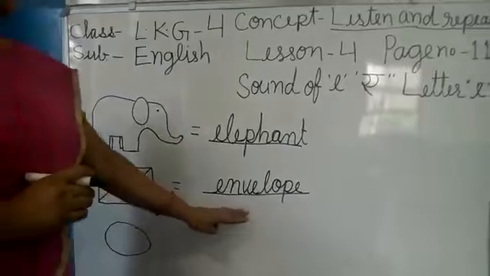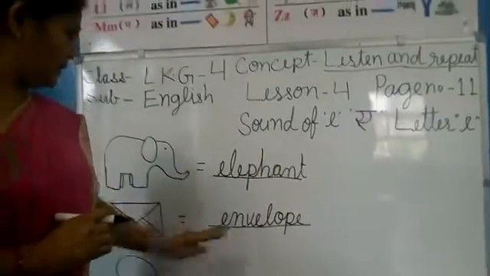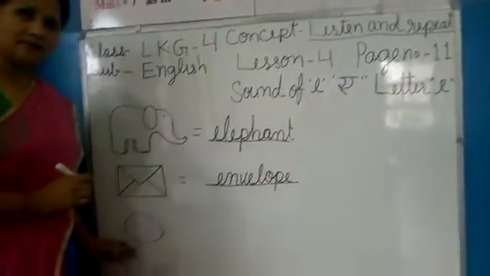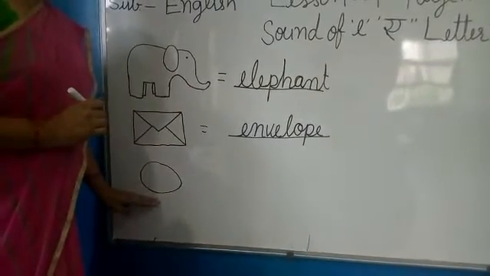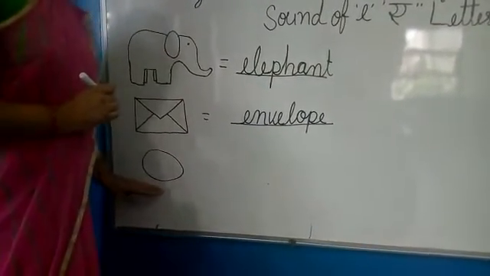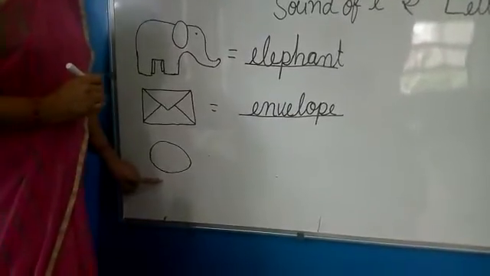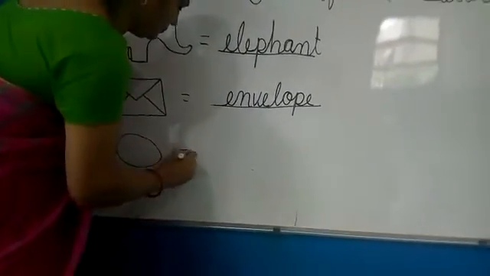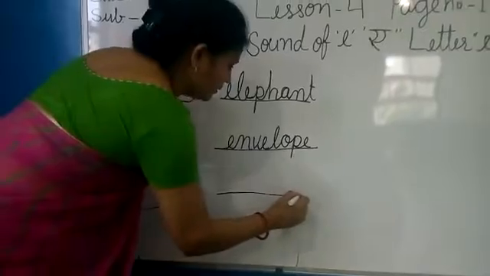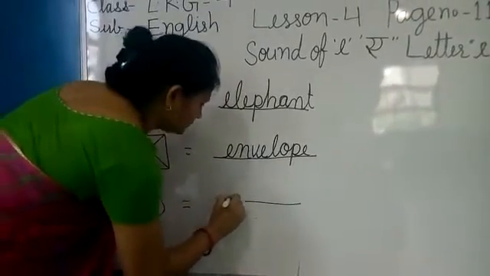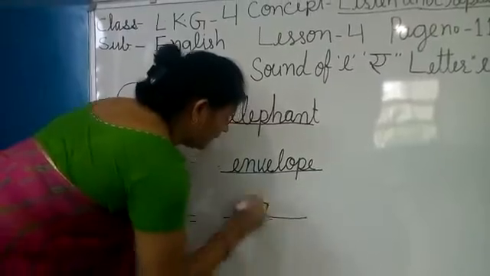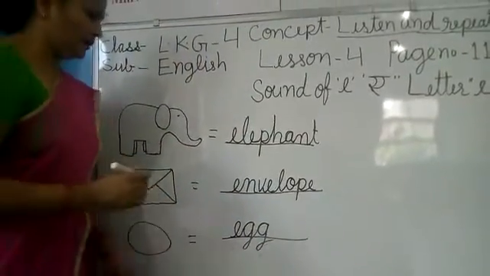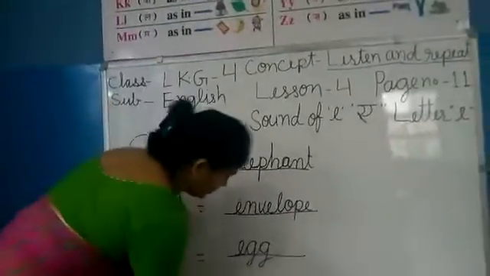Next picture, who is this picture? This is egg. Write here egg.